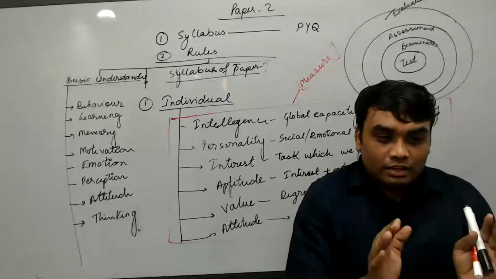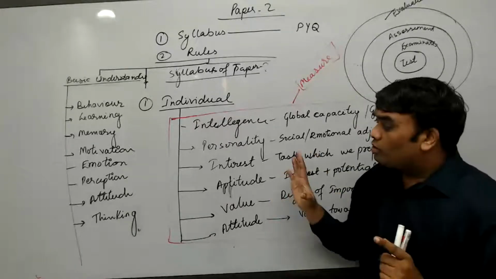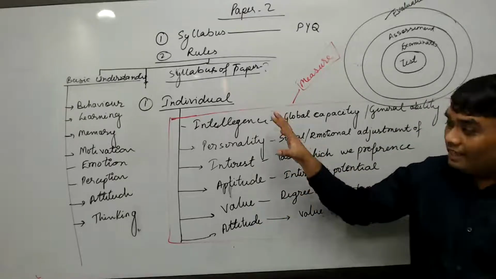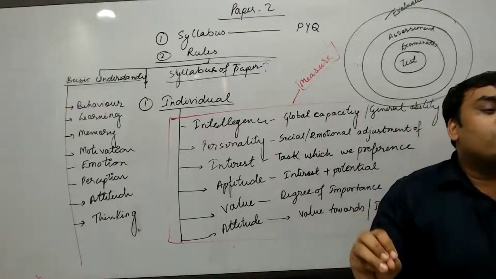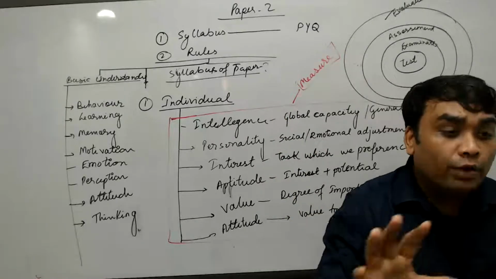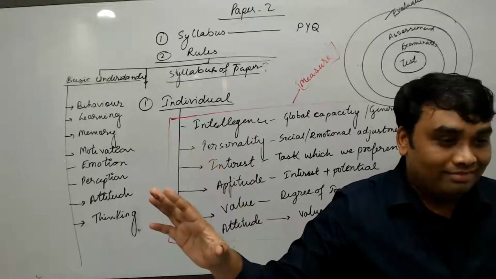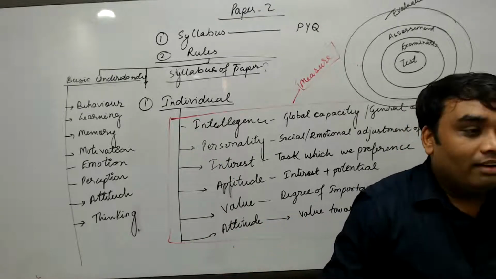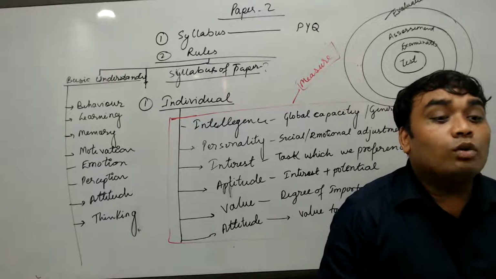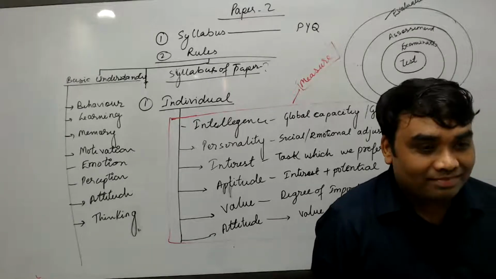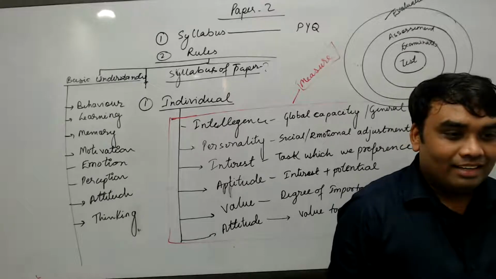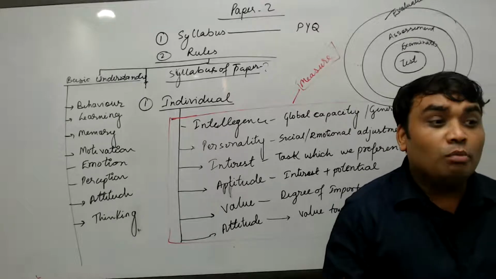Getting my points? What I want to say is very simple. Each and every individual is different or unique, said by Maslow. It was also spoken by Rogers. I taught it in paper one, like Carl Rogers says, phenomenology.